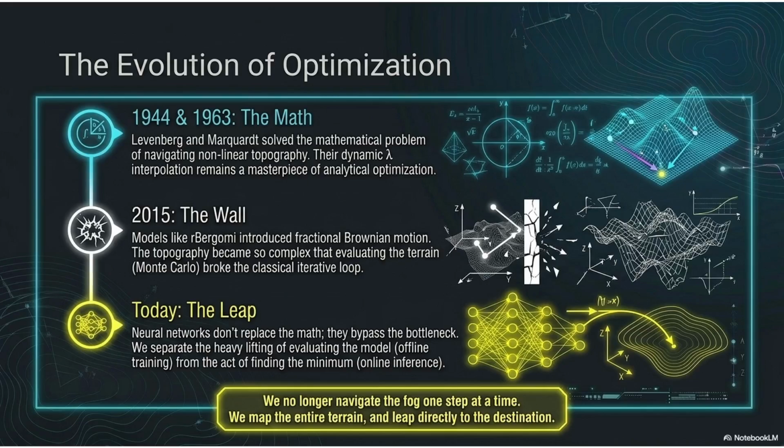Today, neural networks don't replace the math, they bypass the bottleneck. We separate the heavy lifting of evaluating the model from the act of finding the minimum. We no longer navigate the fog one step at a time. We map the entire terrain and leap directly to the destination.